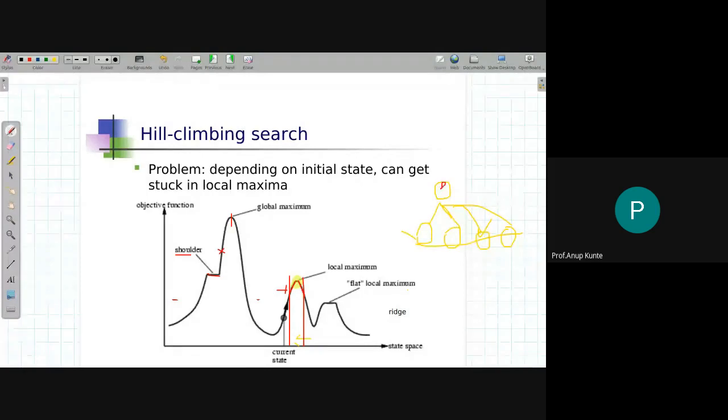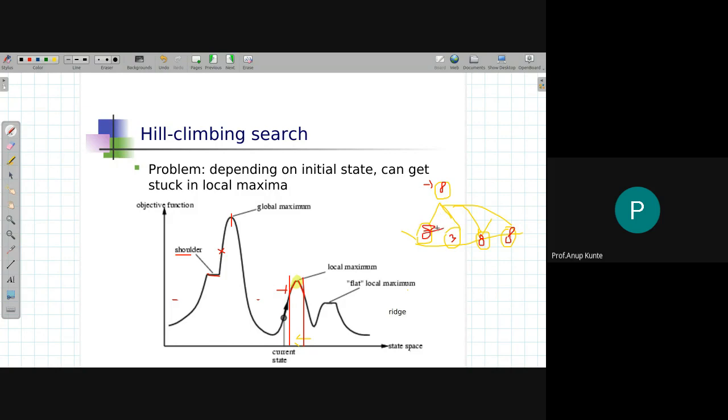I may have a state space with one node having objective function value 8, which is the current node, and there are other nodes in its vicinity, or its child nodes. They are all 8. They're all 8. And any node that has a different value, that is any node other than 8, is going to have a smaller value.